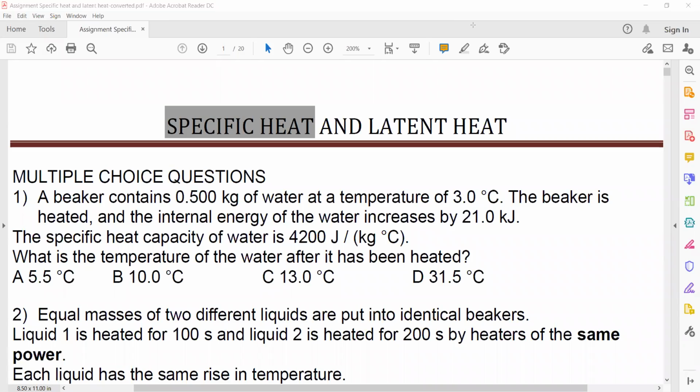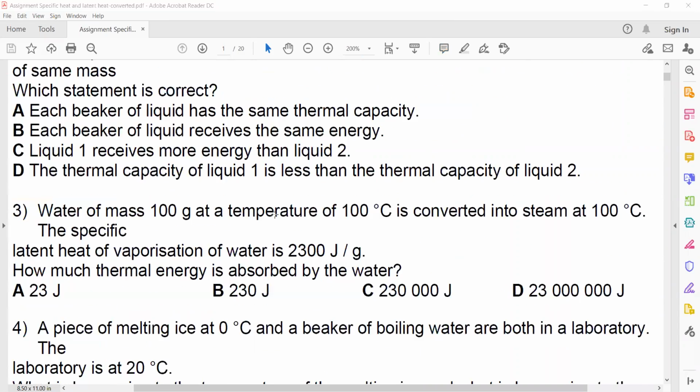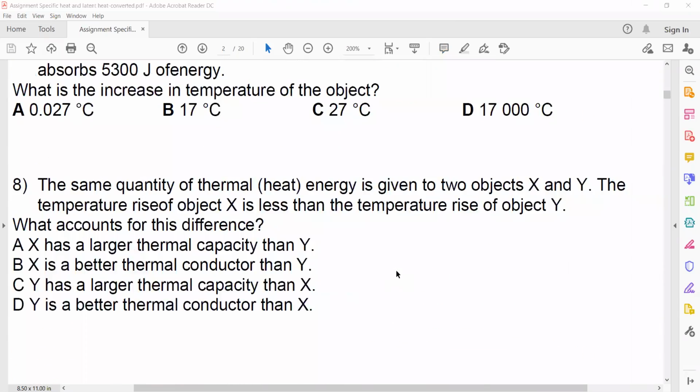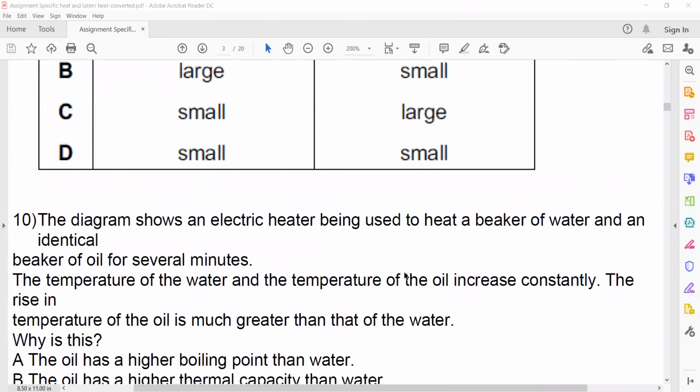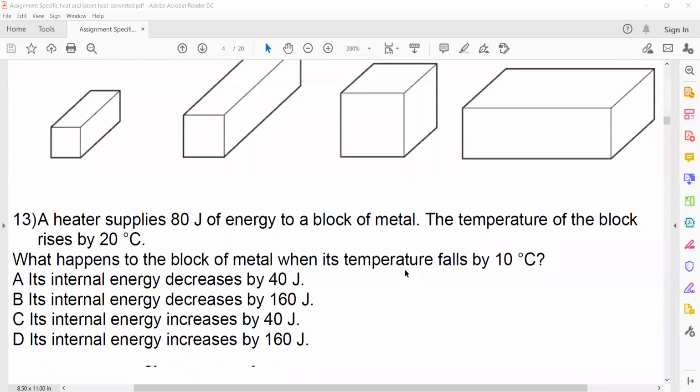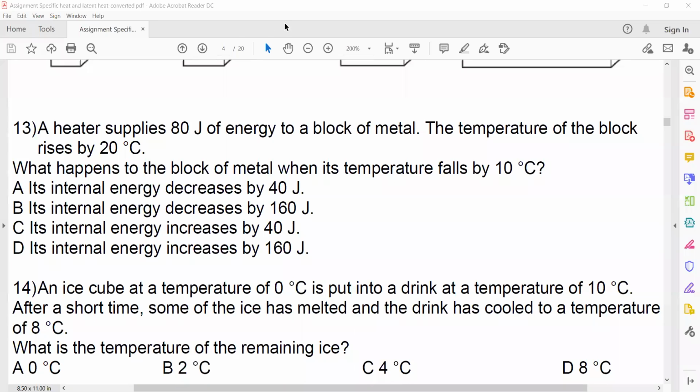Question 13. When you supply energy, the particles take energy, so internal energy increases. You can first find the thermal capacity of this block.